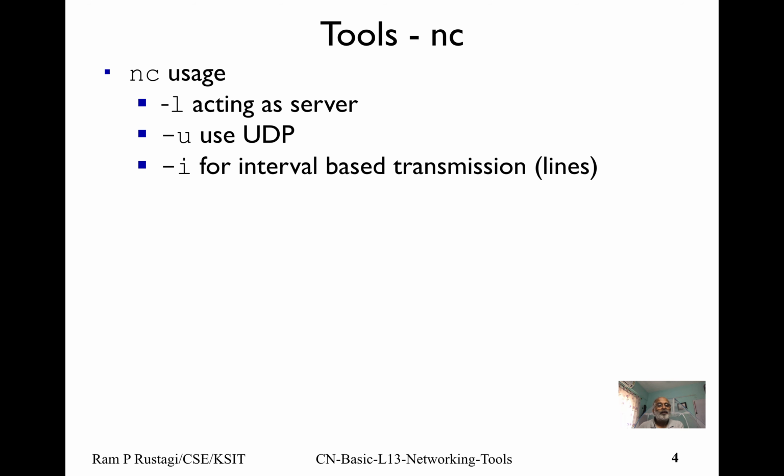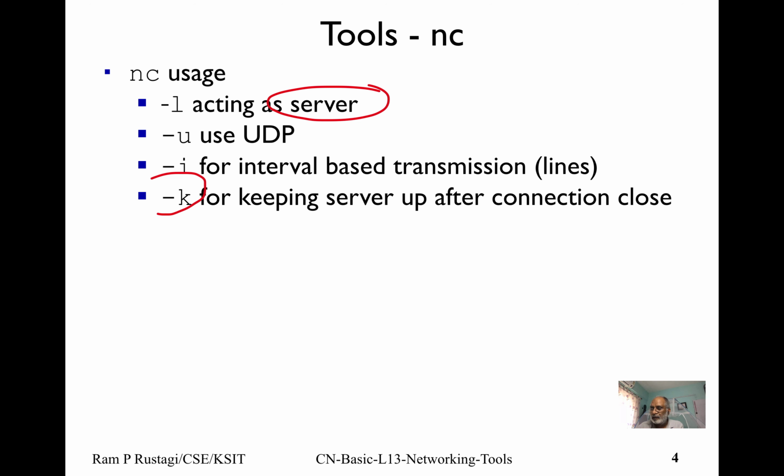By default, when I run a server, it accepts only one connection and then closes. But if you want NC to run perpetually, we can use the -k option, which keeps the server running. So if one client closes, it won't exit but continues. We'll do both of these in the demo.